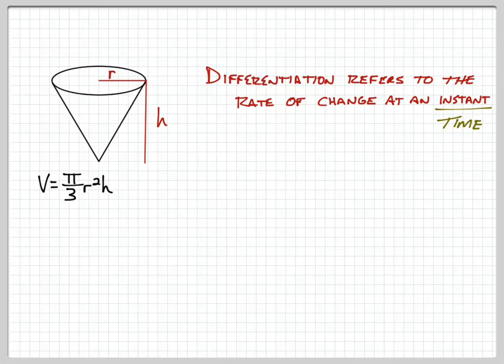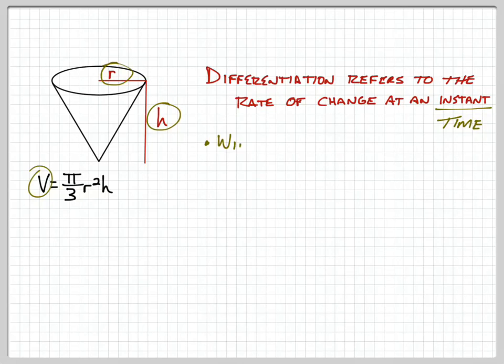So we're looking at what's happening at a specific moment in time. And we know that the radius, the height, and the volume are all going to be changing if this thing is getting filled with water or if it's leaking out water.